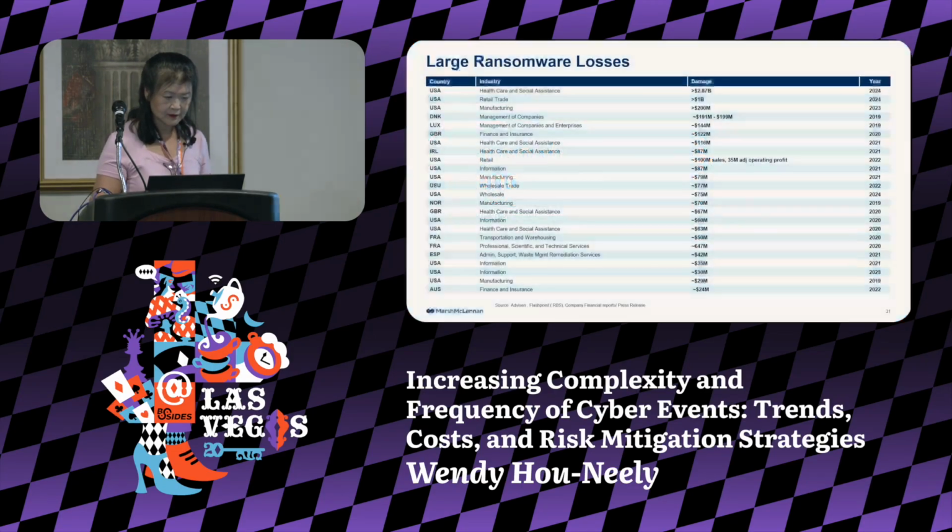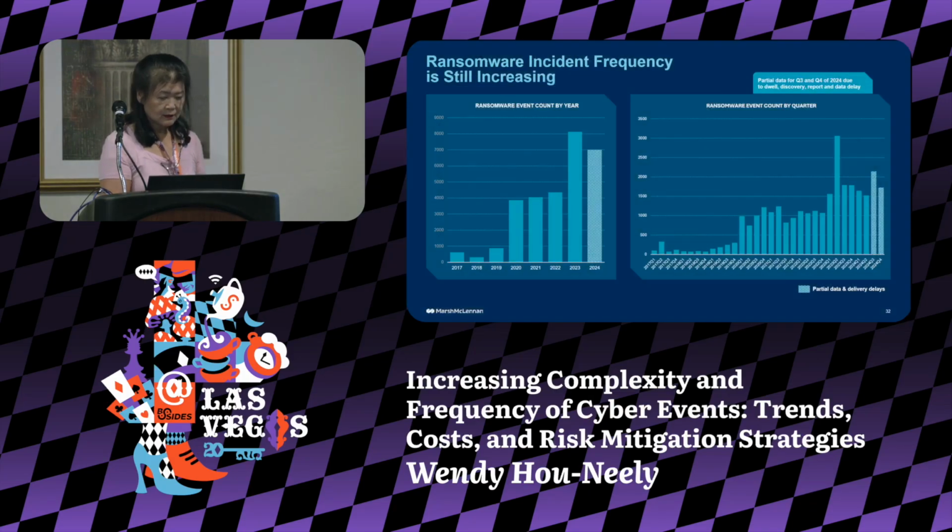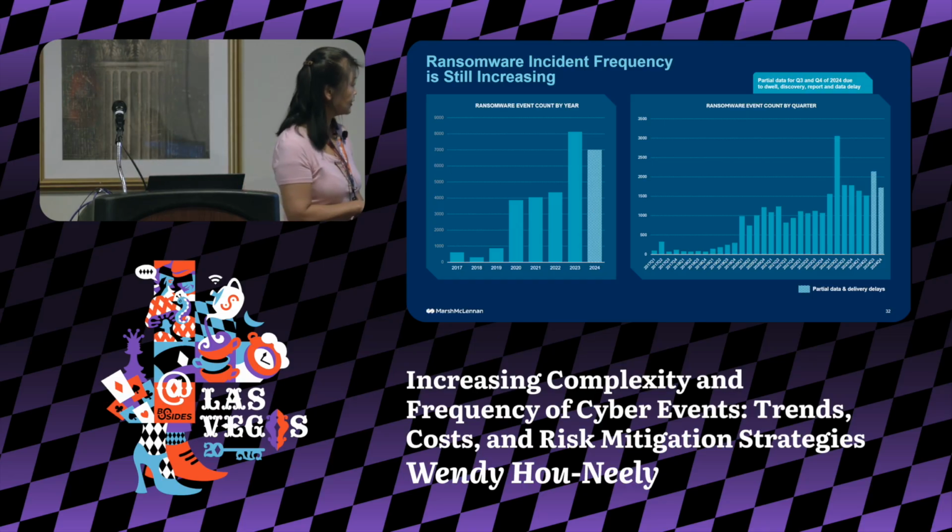Ransomware. I'll start with the losses. Healthcare showed up in both places, as well as retail. These are also some of the big ones that come up in 2024. If you look at the event count by year, from 2022 to 2023, it's still a lot.